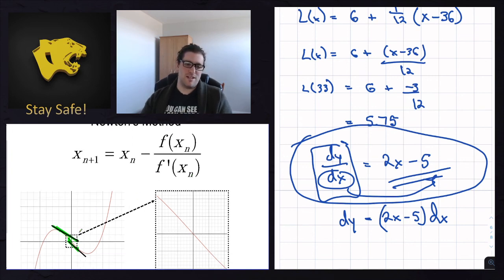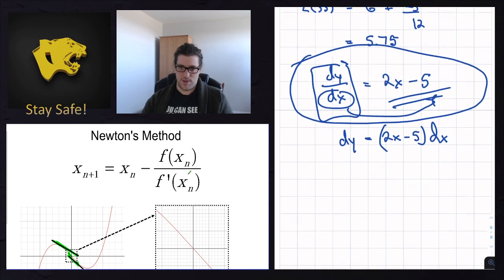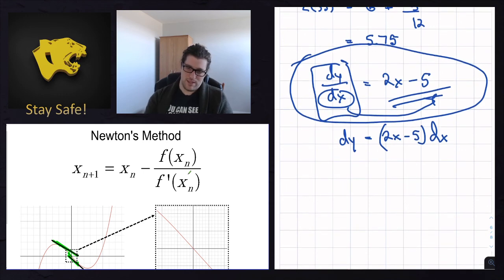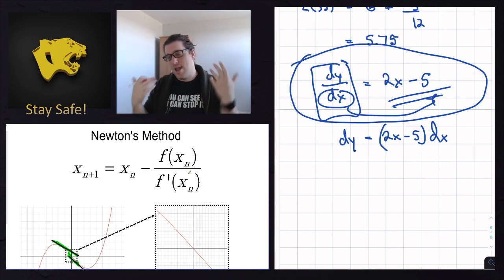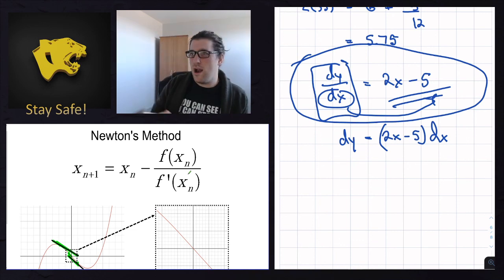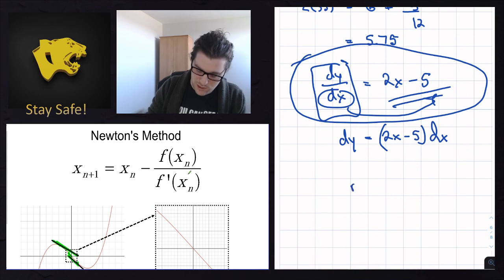So what this ends up doing is it creates your new x value by taking your old x value and subtracting. If you think about it, if you're trying to get roots, then everything triangle-wise comes back to the x-axis. So your rise is the same as the y value of the function. So that's basically just rise over slope.